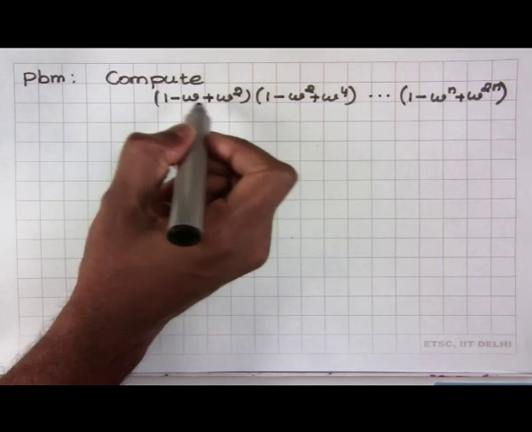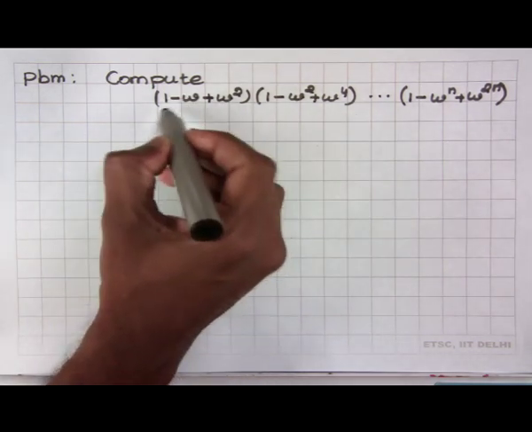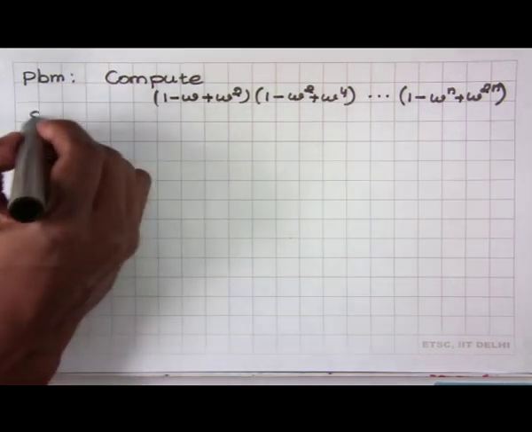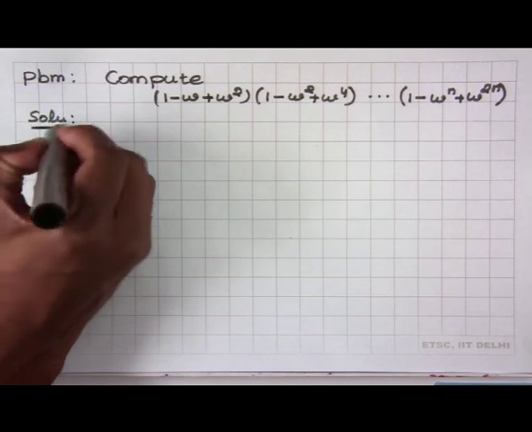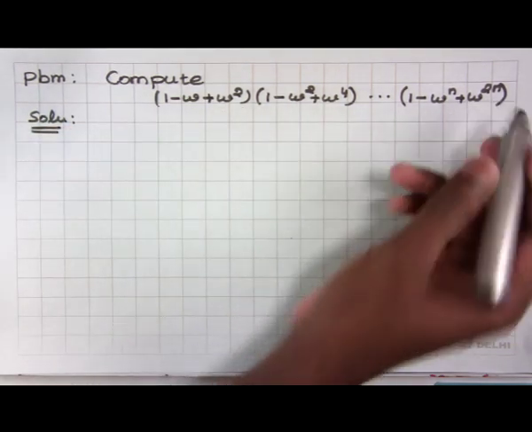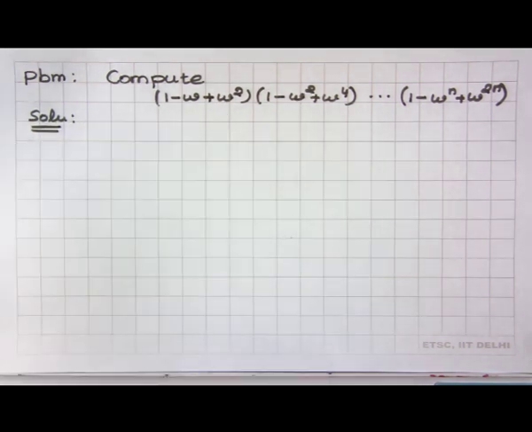Compute the value of the following expression. Here again omega is the cube root of unity. So, we have to calculate the value of this expression. So, try to recall the properties of omega.